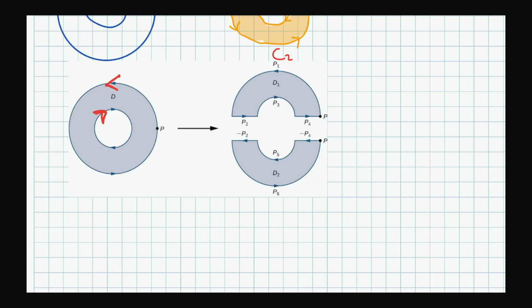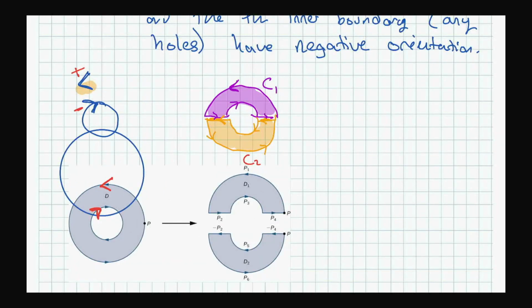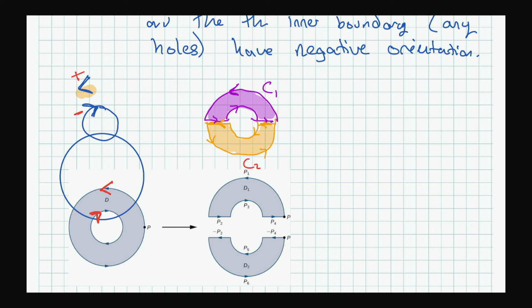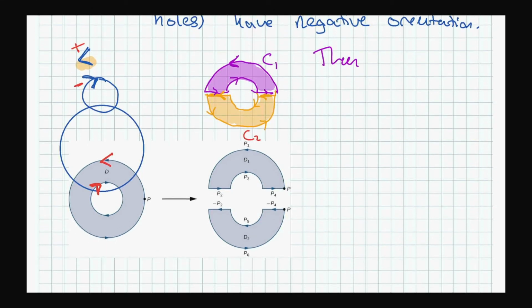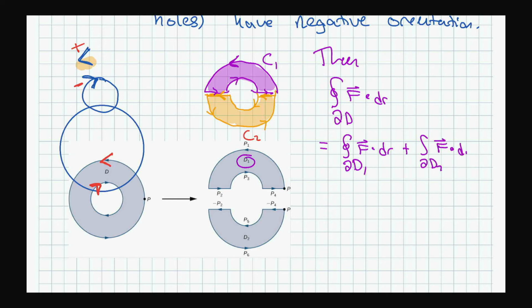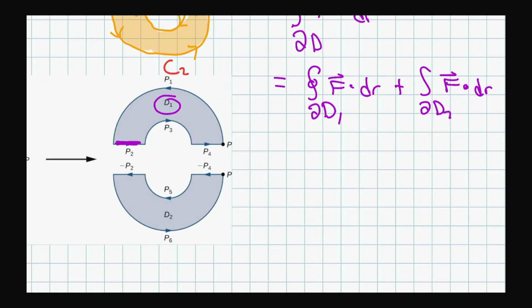And what they're going to do here is they say, given this, the integral over the boundary of D of f dot dr, you should be able to split that up into the integral over the boundary of D1, this one, of f dot dr plus the boundary of D2 f dot dr. And the reason you can do that is because this part of the line integral and this part of the line integral are just going to cancel each other out.